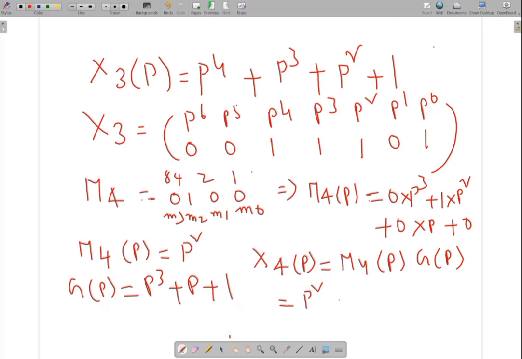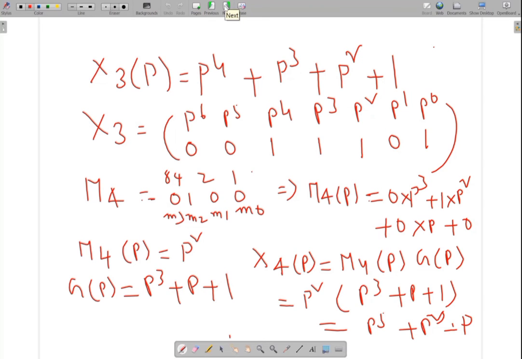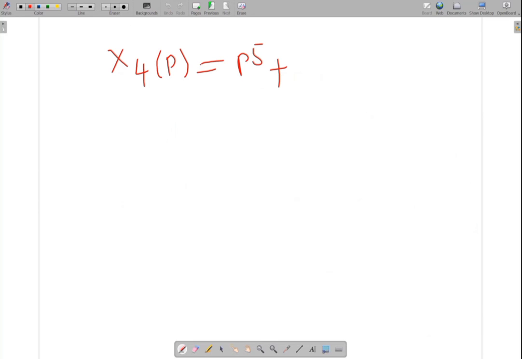That is equal to m4 of p, p square, into p cube plus p plus 1: p power 5 plus p cube plus p square. So x4 of p is equal to p power 5 plus p cube plus p square.